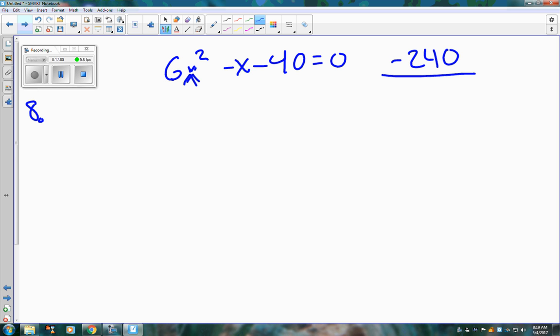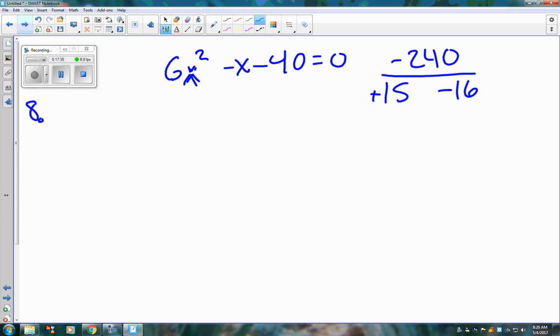Negative 16 and positive 15. Y'all agree? You just have to start plugging in numbers until you find which ones work.